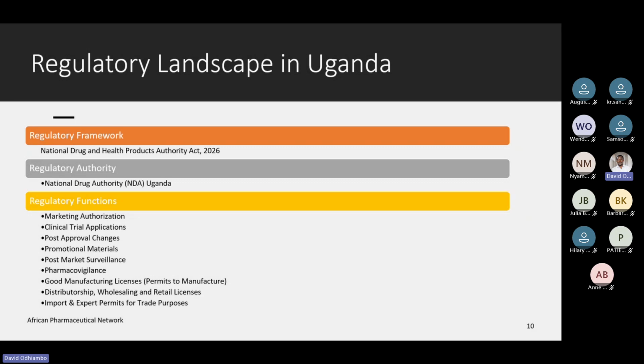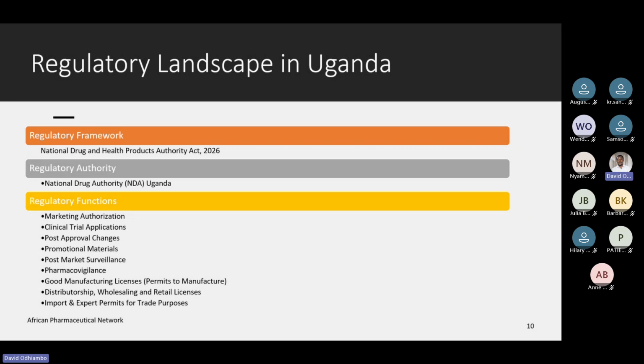And for the functions that I'm talking about, the different regulatory processes and activities, marketing authorization becomes the first, then clinical trial application for those who are conducting clinical studies. Then post-approval changes, which we normally term variations in medicines. But when we talk about medical devices, we talk about them as change notifications or amendments to the respective products. So after the approval, we have to go for amendments or change notifications.